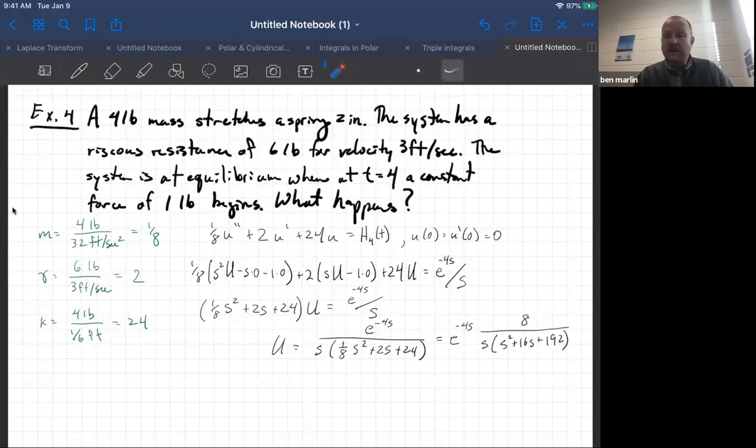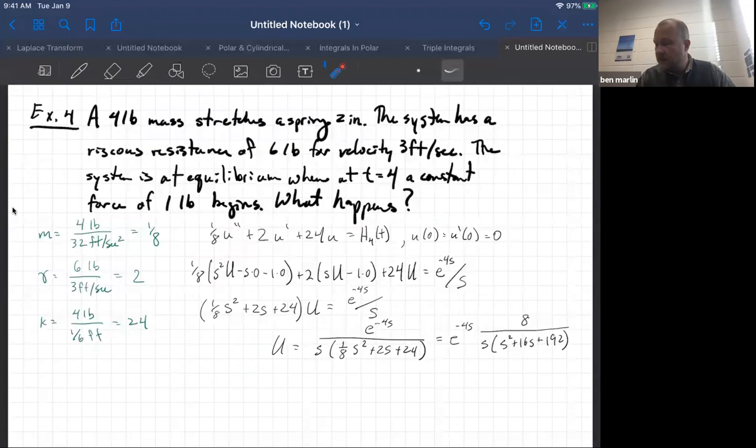So once we've got everything transformed, that's when the magic happens. Magic, not so much. Algebra is what we're doing. Seems like magic some days. But all the things with zeros just vanish. And now the cap U has 1/8 s squared plus 2s plus 24 as factors.